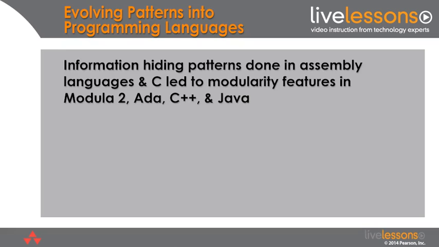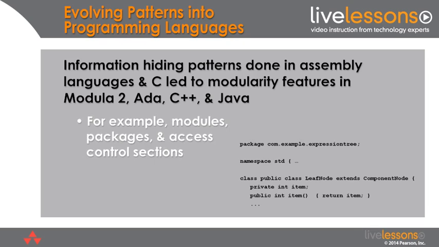Still later, in the 70s and 80s, people began to take the patterns of information hiding and turn them into language features in languages like Ada, C++, Modula-2, and later Java, for encapsulating information in various ways. The concepts of packages, namespaces, and classes with public, private, and protected parts, so-called access control specifiers, were all things that started as patterns that later found their way into data abstraction features in languages.